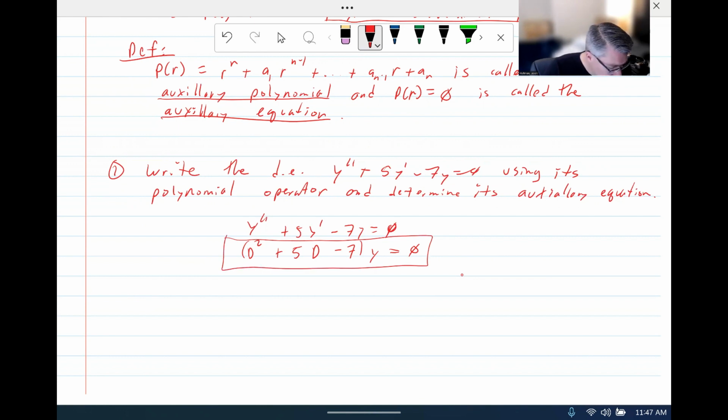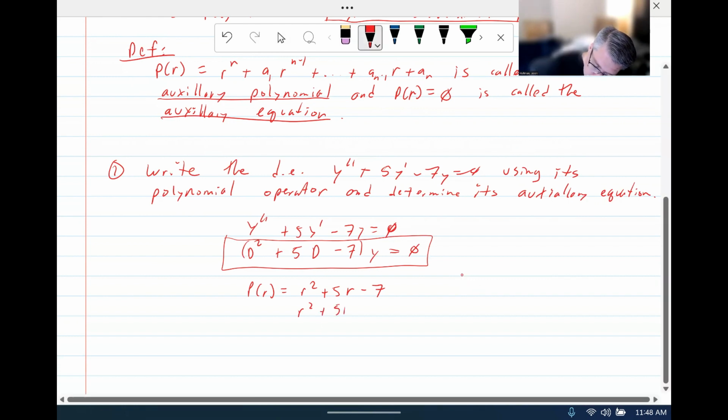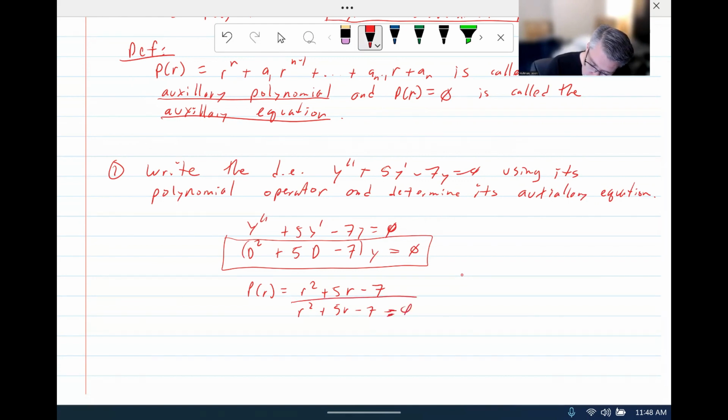Now let's find its auxiliary equation. P of r is going to be equal to r squared plus 5r minus 7, or r squared plus 5r minus 7 is equal to 0. That's the auxiliary equation.